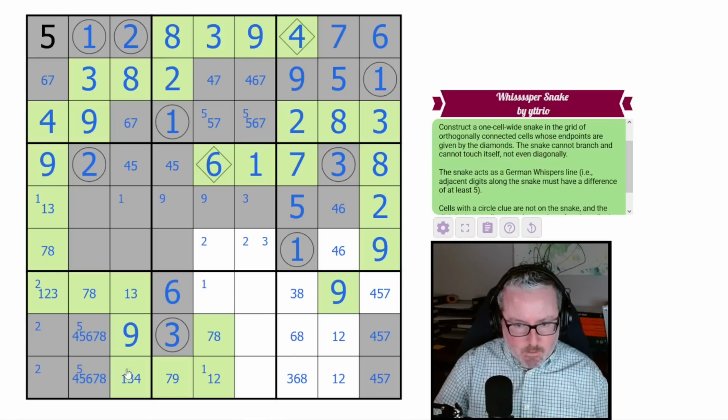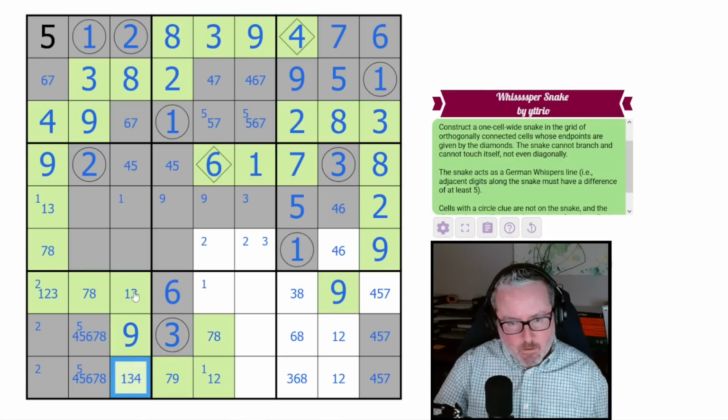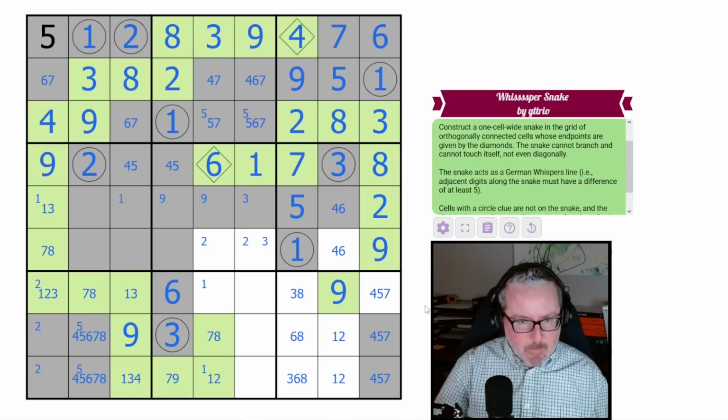What can we put on these things here? Again, we're going to have to figure out where this thing goes. We know one of these is a 6. One of those. But the grouping of digits here is not differentiating these just yet. This can't be snake.